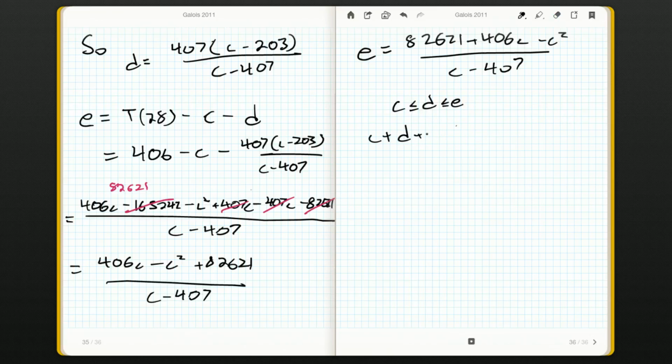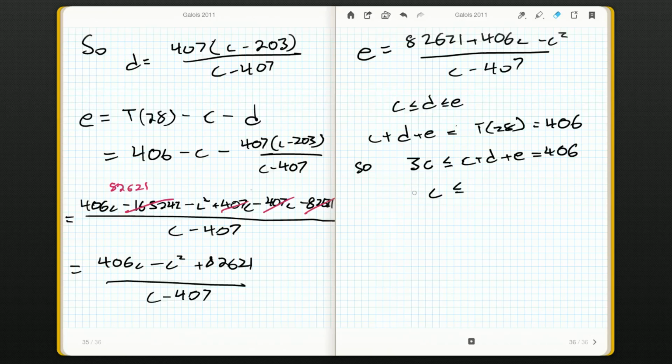So I know C plus D plus E is T of 28, which, as we keep pointing out, is 406. So 3c is going to be less than c plus d plus e, which is 406. So c is going to be less than or equal to 135 and a third. So c has got to be a positive integer between 1 and 135 inclusive.